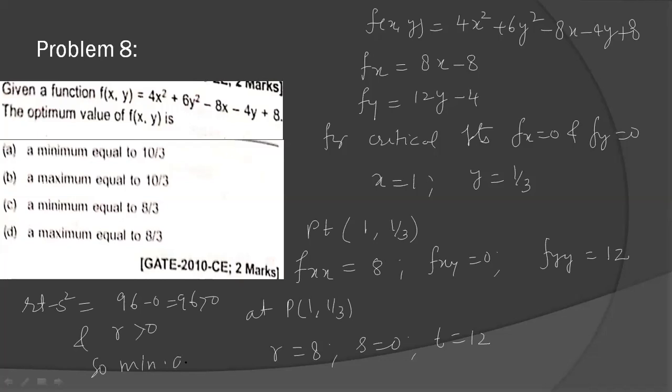So we have a minimum at 1 comma 1 by 3. Now how do we find the minimum value? You just put 1 comma 1 by 3 in the function. If you put x equal to 1 and y equal to 1 by 3, you will get the minimum value 10 by 3.